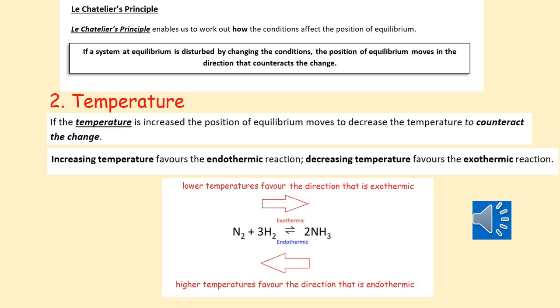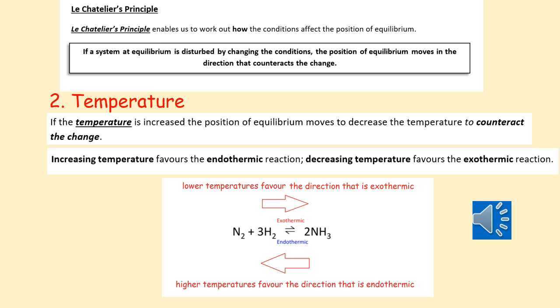Now the way I always remembered this when I was doing chemistry as a lad was that if a reaction is taking in heat from the environment, if you were to increase the temperature, in other words, if you were to heat it up, that would actually encourage that reaction.